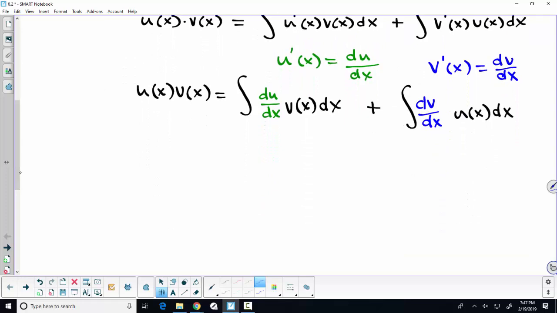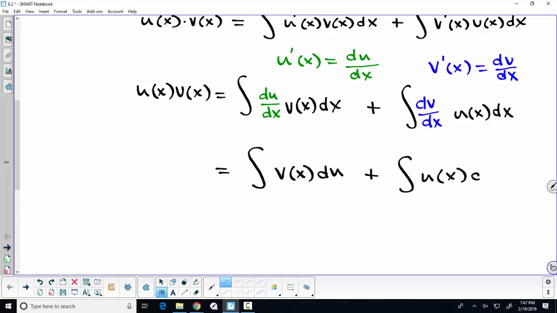So what happens here, we have our differentials dx cancel out. And so what we're left with for this integral is just the integral of v of x with respect to u plus the integral of u of x with respect to v.